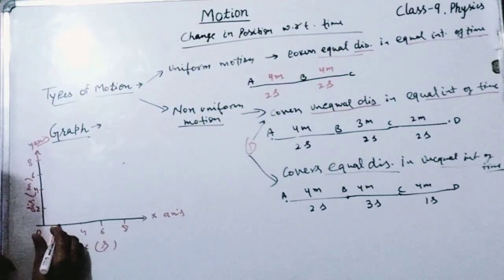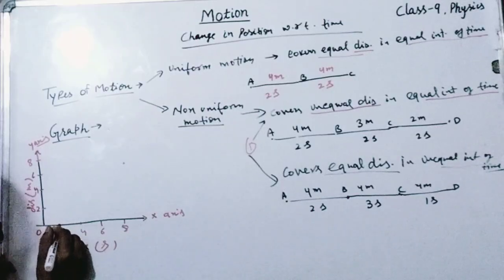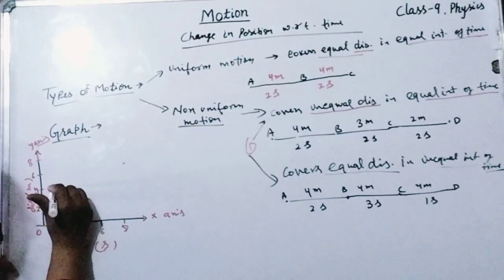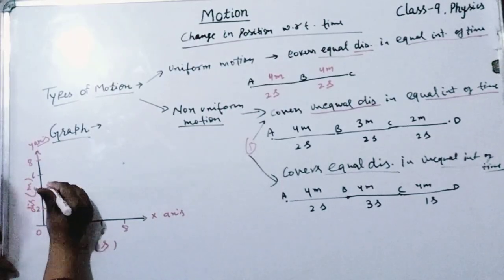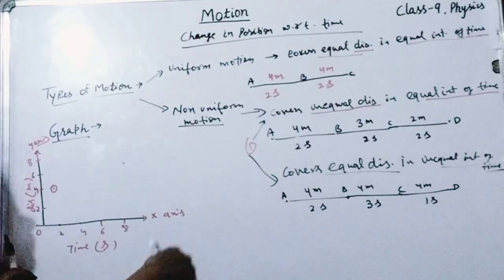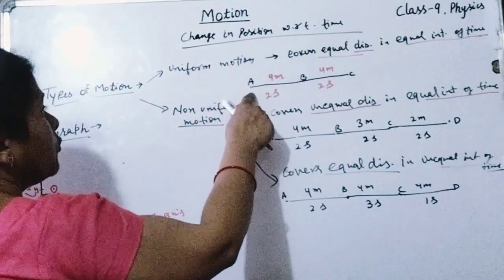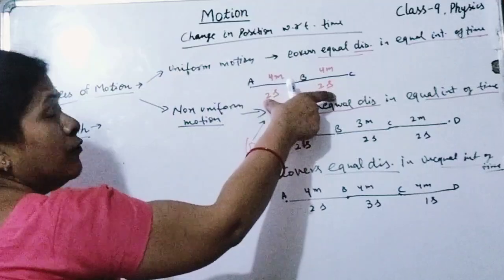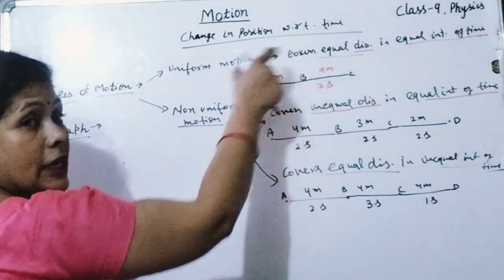So in 2 seconds the object covers 4 meter, which means we plot the point here. In the next 2 seconds, or from the initial point, in 4 seconds the object covers 8 meter.